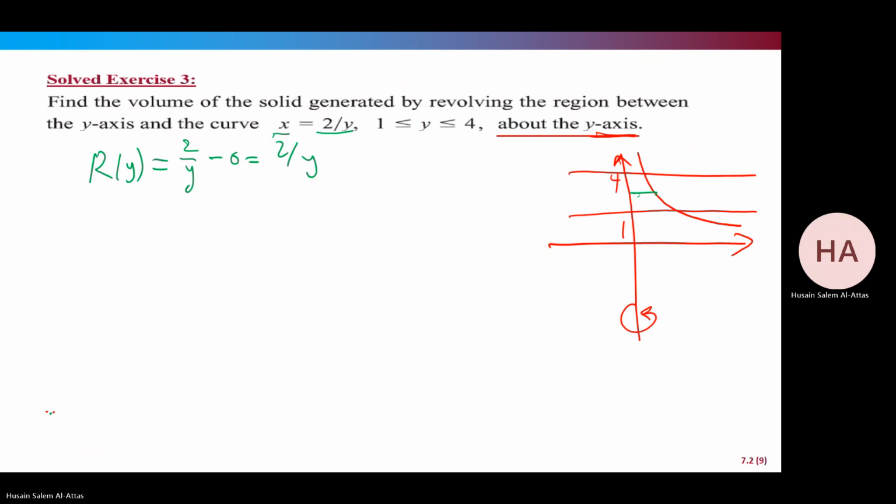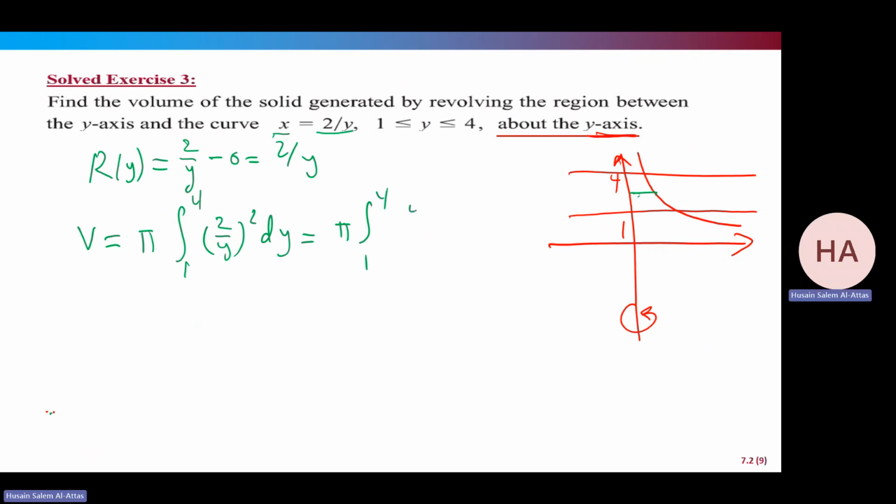Okay. What will be the volume? The volume will be by integral from where to where? I need the y. So I have the lines like this. So I need it from 1 to 4. R of y squared, so 2 over y squared dy. That gives me pi integral from 1 to 4 of 4 y to the minus 2 dy.